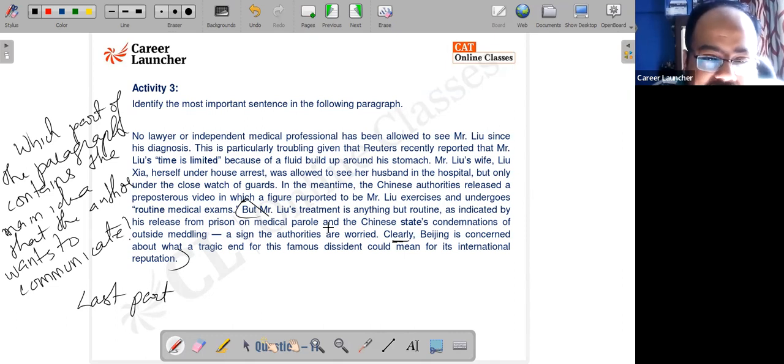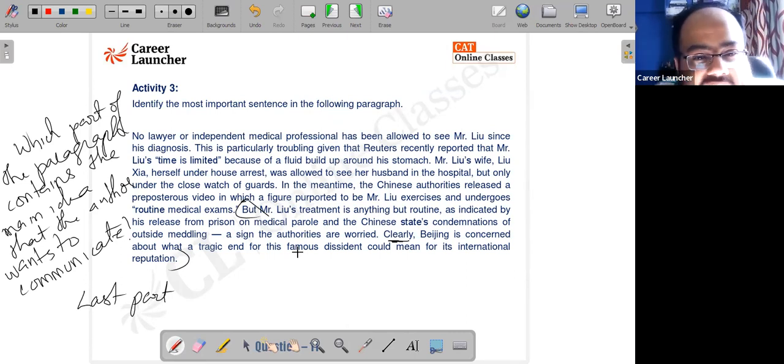Even those of you who got this wrong, please don't worry. We haven't discussed this concept in detail yet, which I'll do in a later class. But for now, as far as this example goes, if you ask me why it is the last part, it is because of the word clearly over here. What is given before this, in the first part or the center part of the paragraph, supports the fact that Beijing is concerned about what a tragic end could mean for its international reputation.